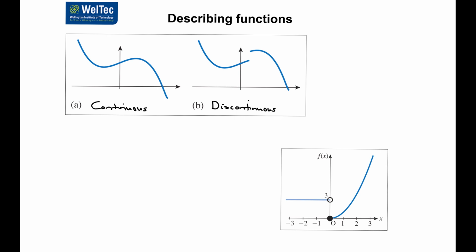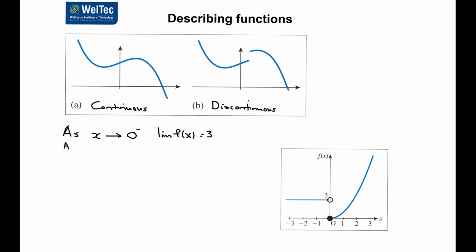In the third graph on the slide, we've got a very odd sort of function, and we've got a break in it at 0. So let's have a look at what happens as x approaches 0. Let's come in from the left. This is how we write it: x is approaching 0 from the left. So we say there that the limit of f of x is 3 as we're coming in from the left.